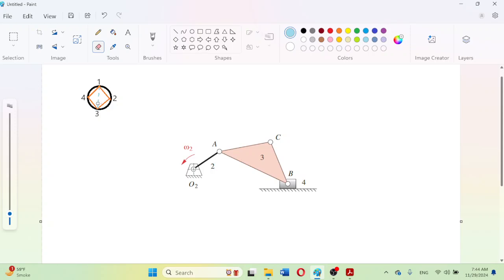Just here. So now it is required to find the fifth instant center, which is unknown.